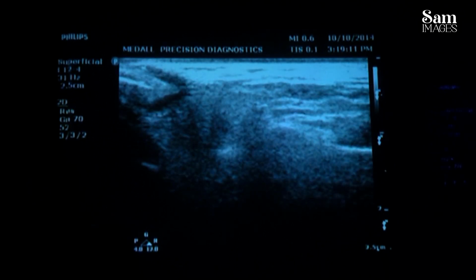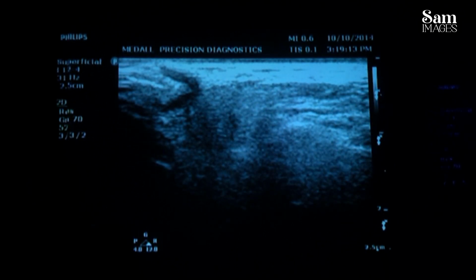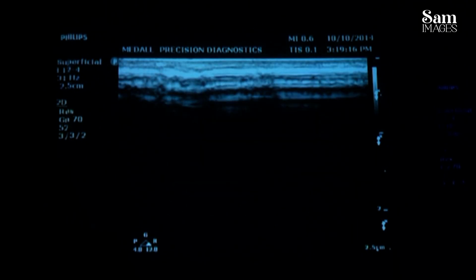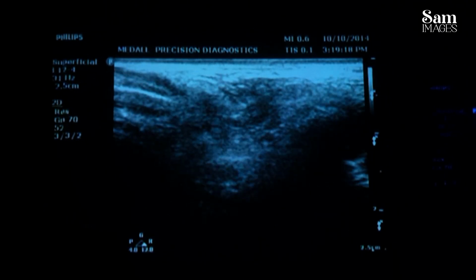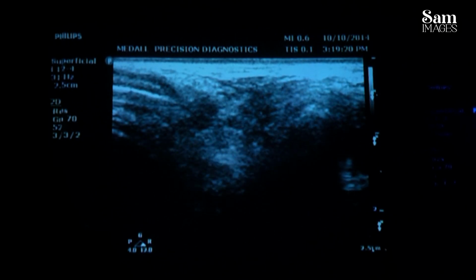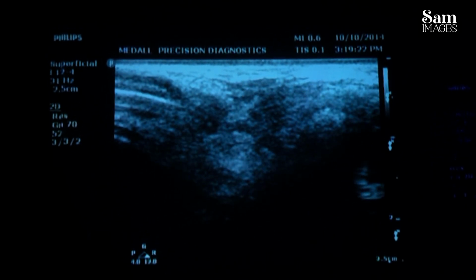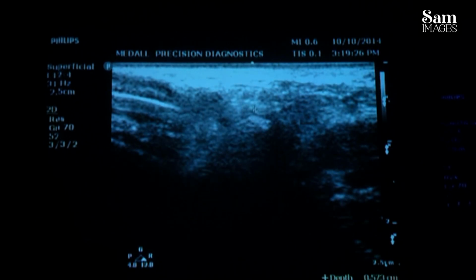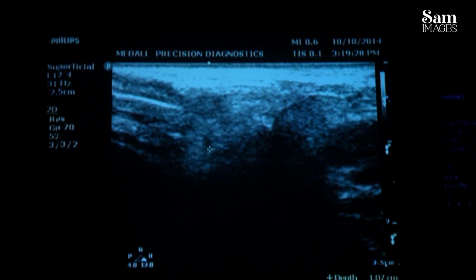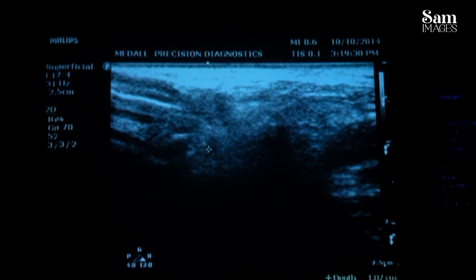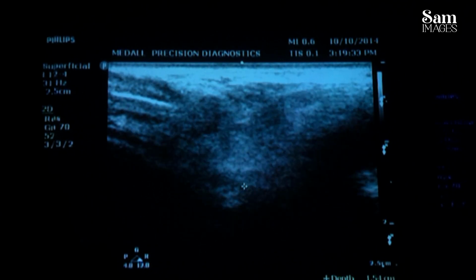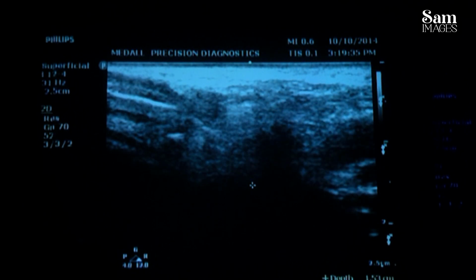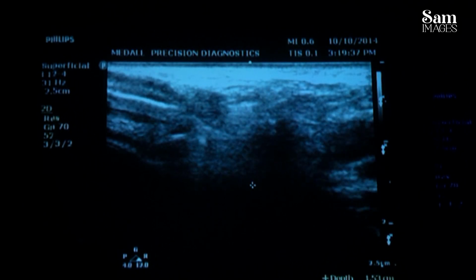That black one is the deep fossa. See, because of that, it is slipping out of that. That contact is going off. That is the bone. See, I can feel the click also with my probe. See, I can feel my click there, and it is subluxation.